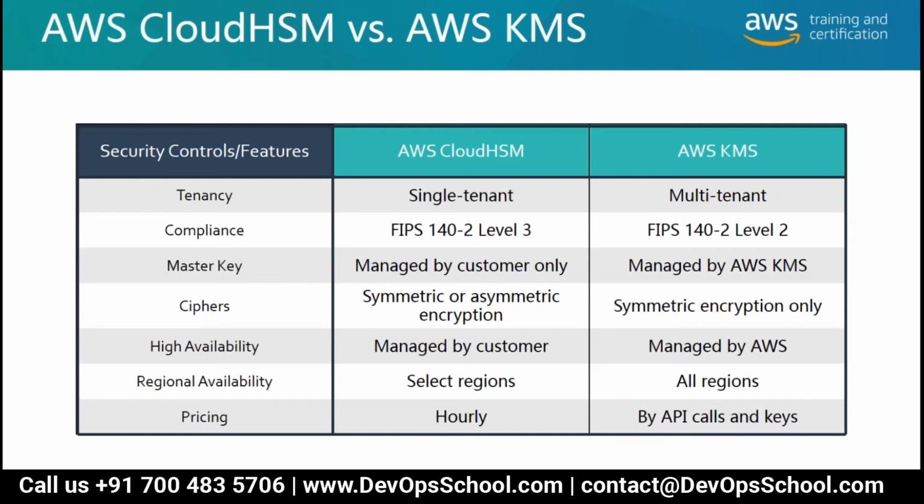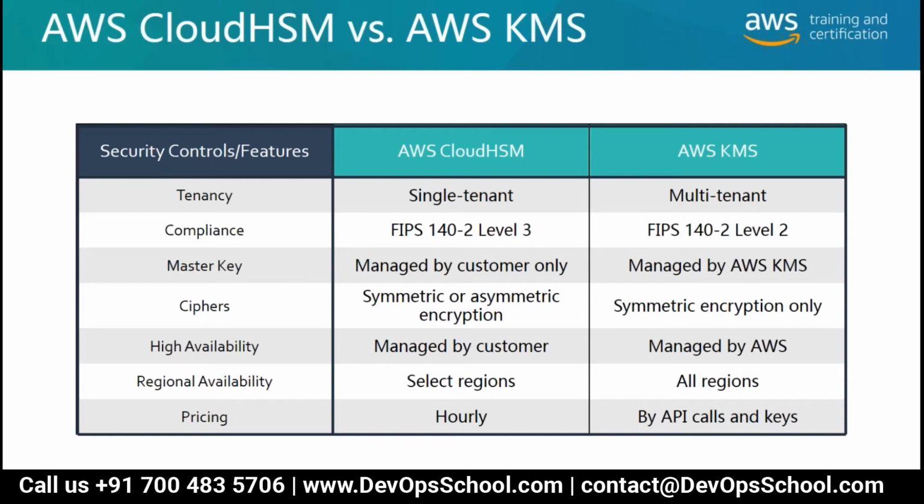How do you manage high availability of your HSM? It is managed by the customer, whereas KMS is managed by AWS. And region availability: where do you want to deploy your HSM? That's your choice, you select the regions, whereas KMS is available across all regions.